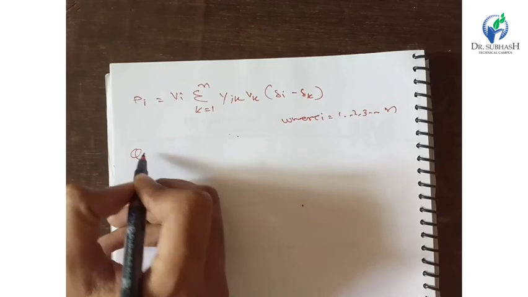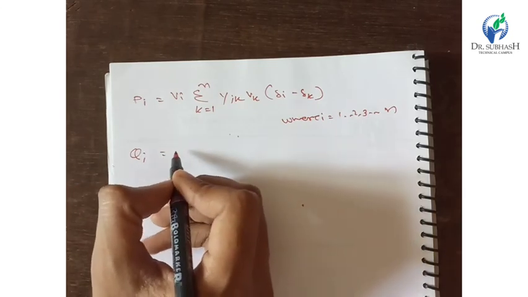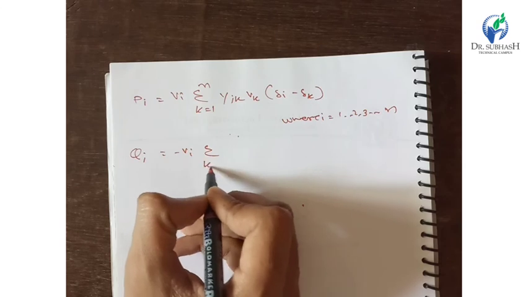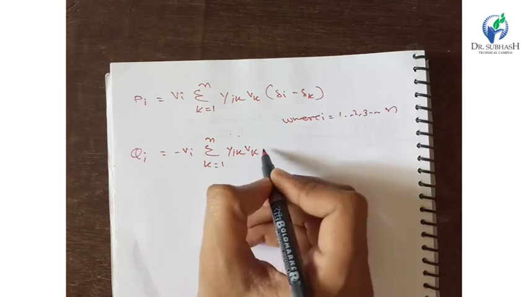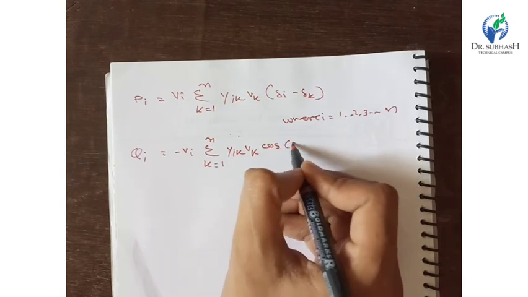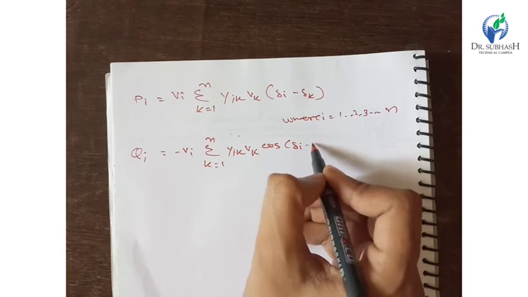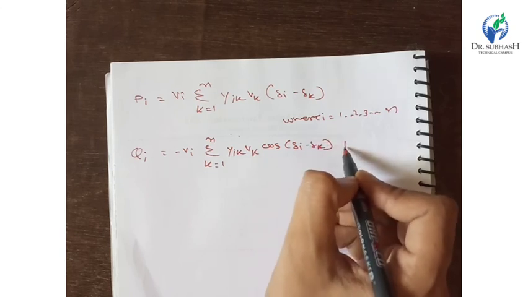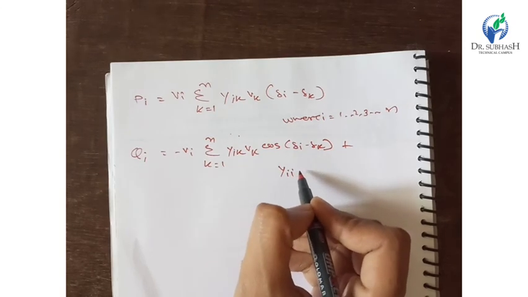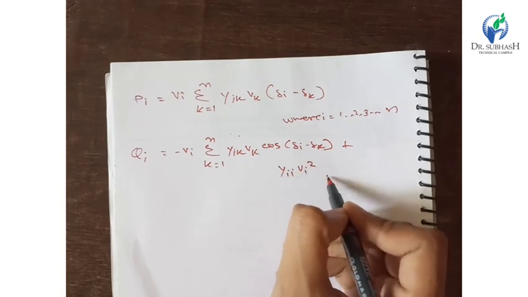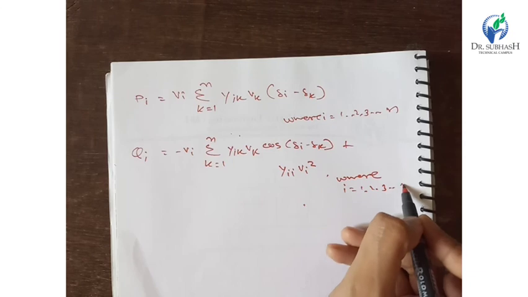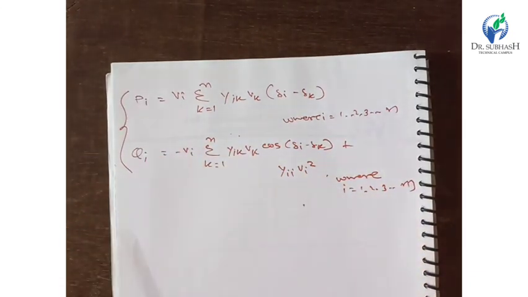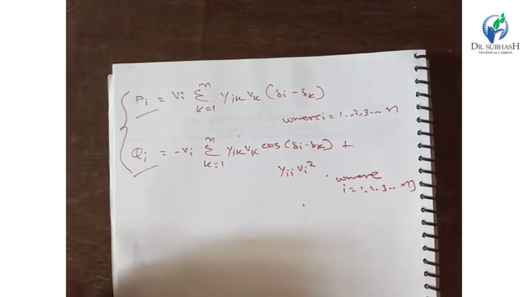For reactive power, the value is minus Vi sigma k equals 1 up to n, Yik into Vk cos of delta i minus delta k plus Yii into Vi square, where i is 1, 2, 3 up to n. This is the updated version of the real and reactive power equations for the approximate method.